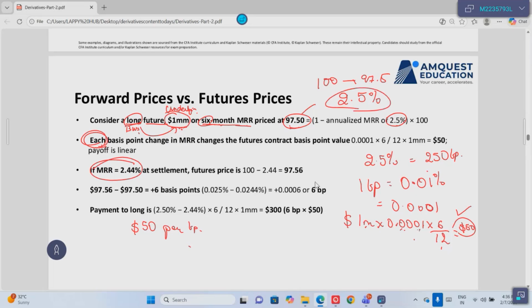So the MRR settlement is 2.44, which means there is a 0.06%, which is nothing but 6 basis points. 0.06% is all in percentage terms. We already agreed that it's $50 for 1 basis point. So what is 6 basis points times $50? The payoff will be $300.